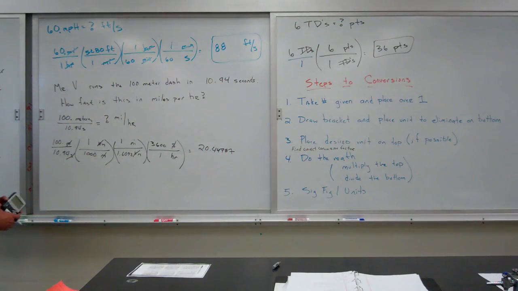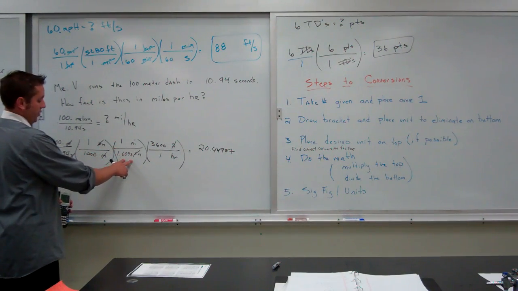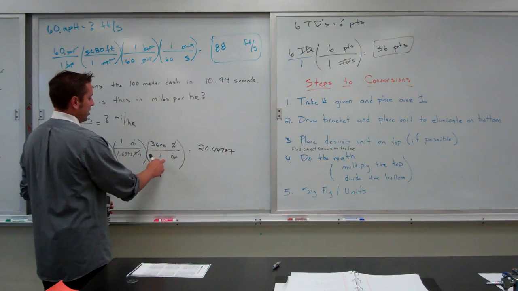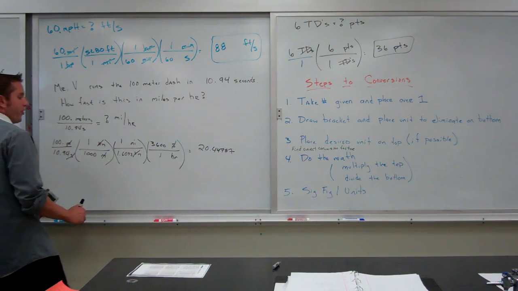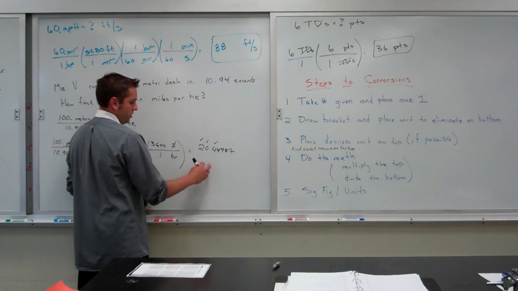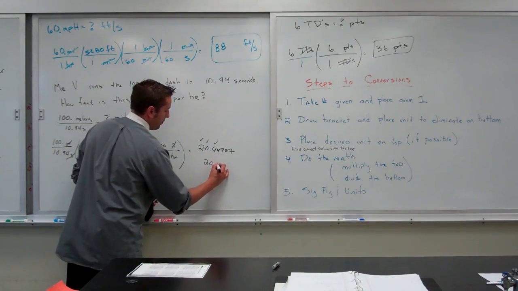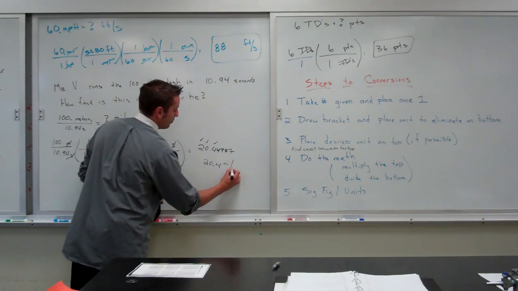Now let's look at sig figs. 100 with a decimal has 3, 10.94 has 4. This doesn't hurt, this doesn't hurt, this has 5, this doesn't hurt. So I get 3 sig figs, so 20.4. A 4 won't round up, so it's 20.4 miles per hour.